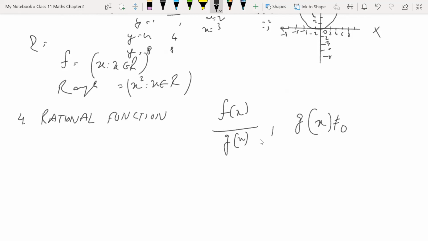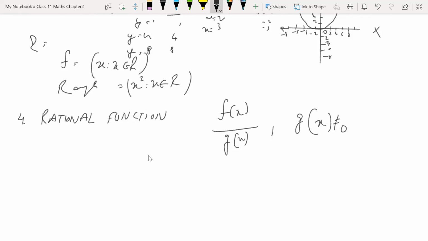The function of this type, f(x) by g(x), where g(x) is not equal to 0, is known as a rational function. f(x) and g(x) are the polynomial functions of x defined in a domain, where g(x) is not equal to 0.